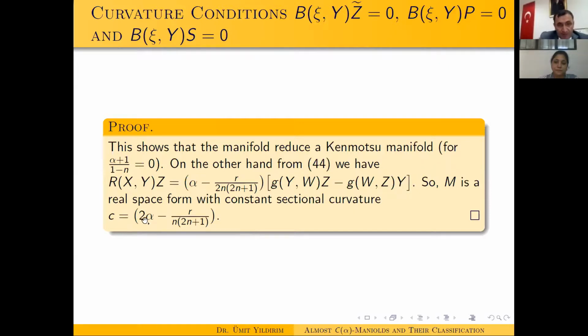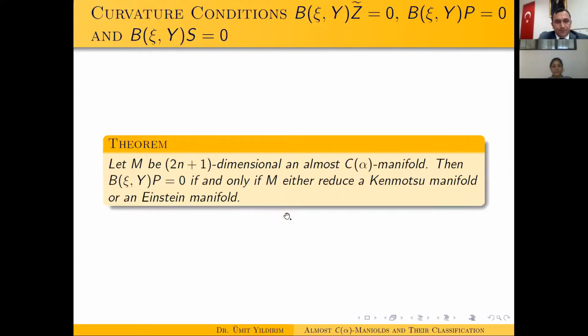The real space form condition is R(X, Y)Z equal to a constant C times g(Y, W)Z minus g(W, Z)Y. Real space form conditions.